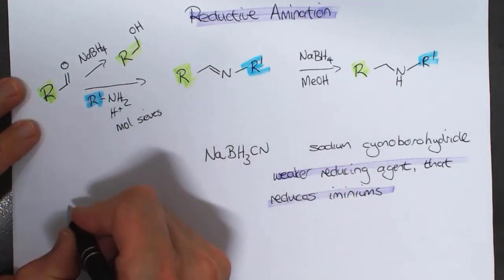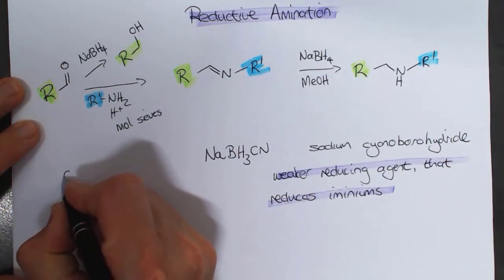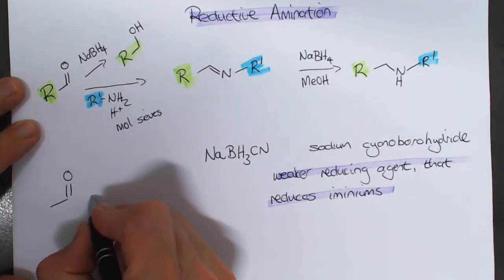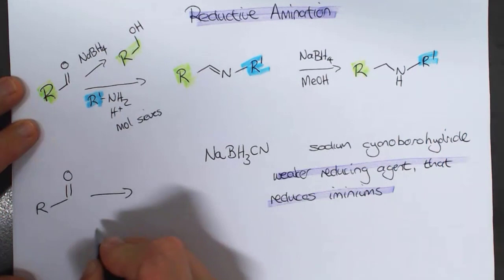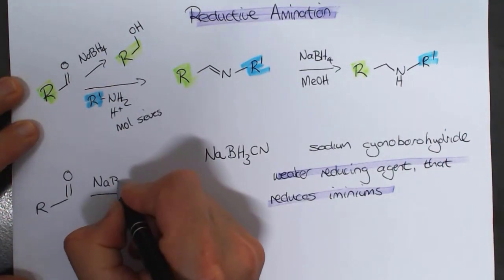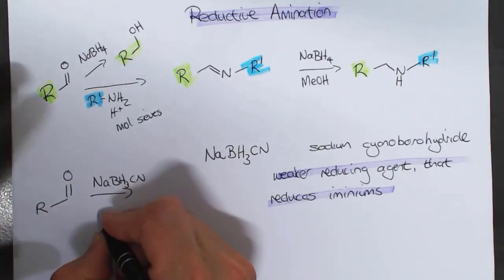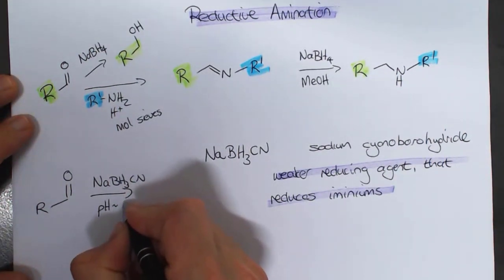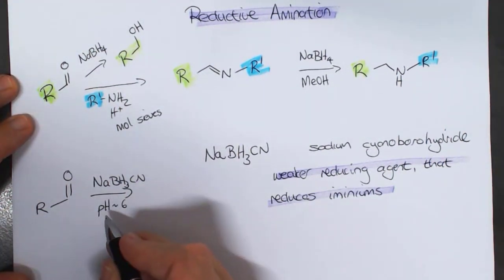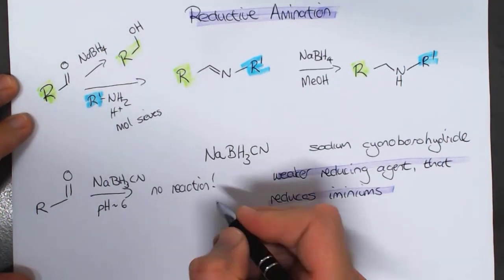Now, sodium cyanoborohydride, if you react an aldehyde, so there's our standard aldehyde, and you add sodium cyanoborohydride at slightly acidic pHs, around a pH of 6, so we've got a bit of acid present, we get no reaction.